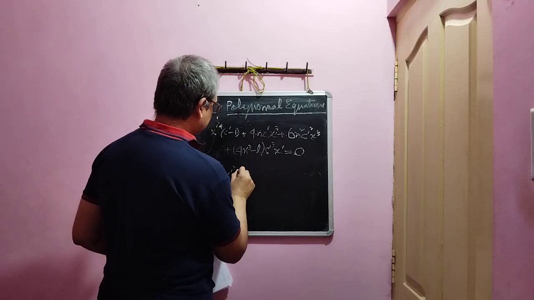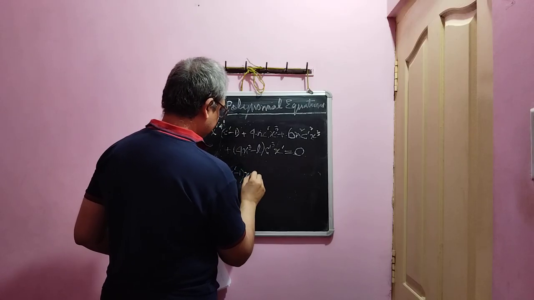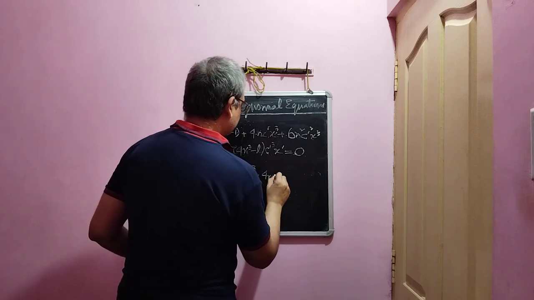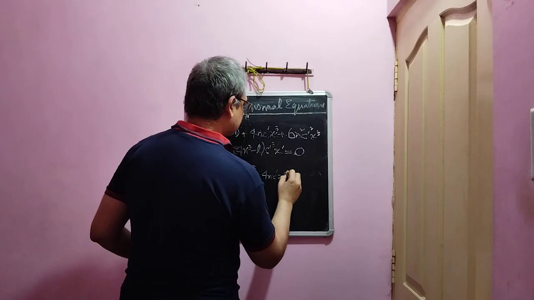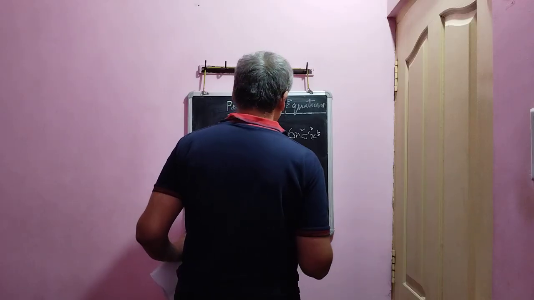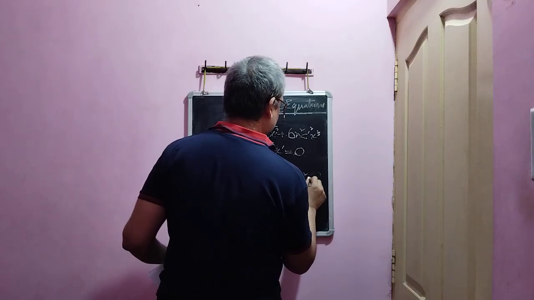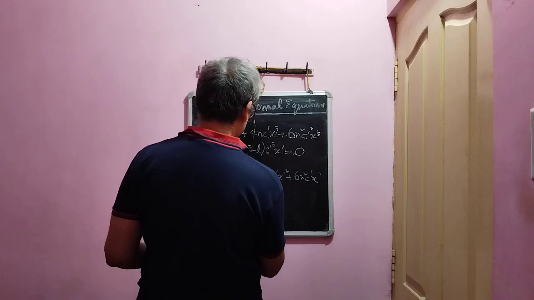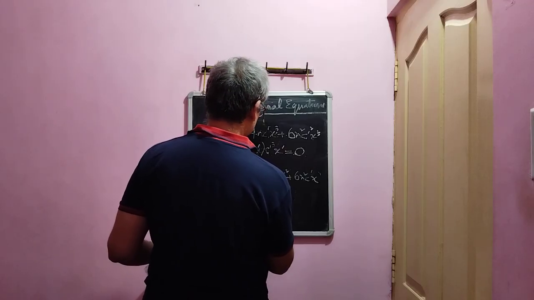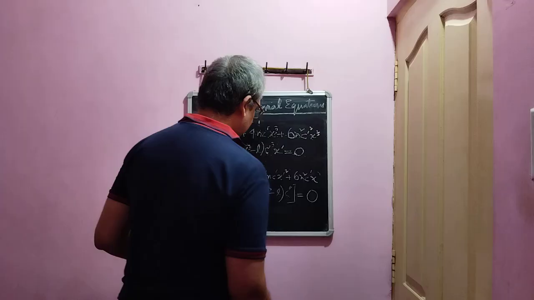So x dash cube times c dash minus 1, plus 4 c dash x dash square plus 6n square c dash x plus 4n cube minus l times c dash equal to 0.